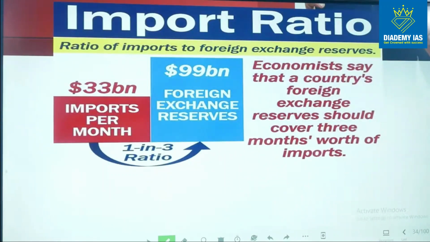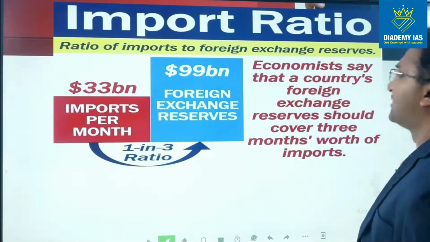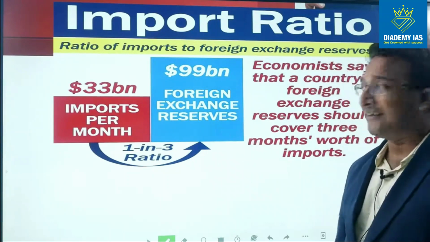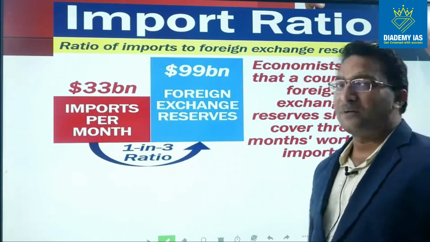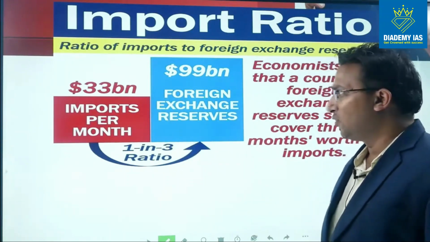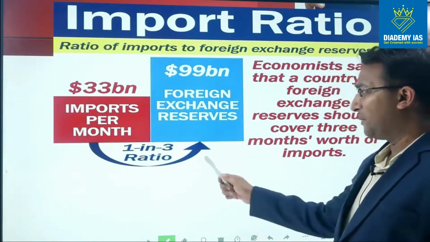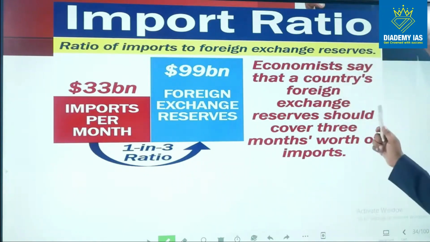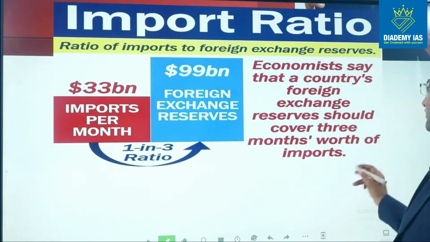Here you can see this is also called as import ratio, the ratio of import to the foreign exchange reserves. So for example, the total foreign exchange reserves are $99 and imports per month are $33 billion. That means 1:3 ratio. Economists say that a country's foreign exchange reserve should cover 3 months worth of import.